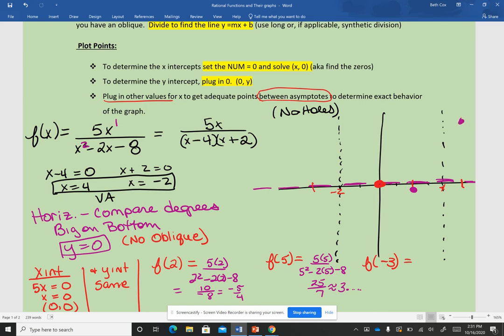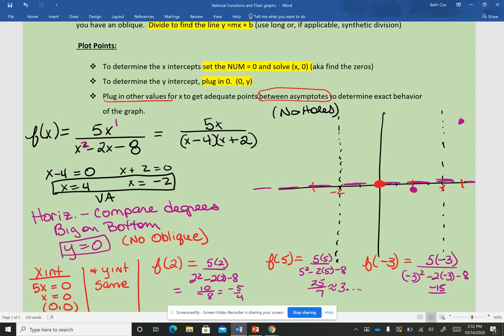And then I'll do f of -3. So that'll be 5 times -3 over -3 squared minus 2 times -3 minus 8. It'll be -15 over 9 plus 6, which is 15.